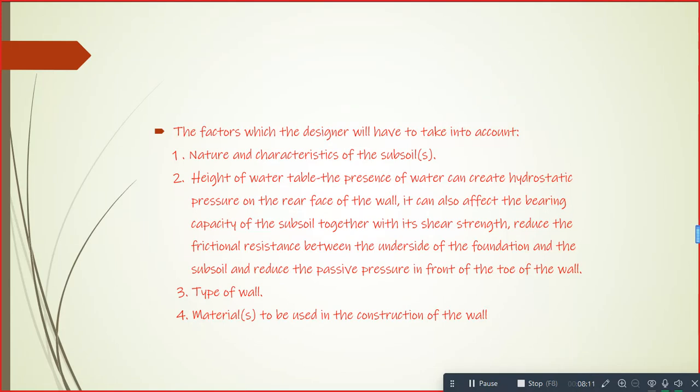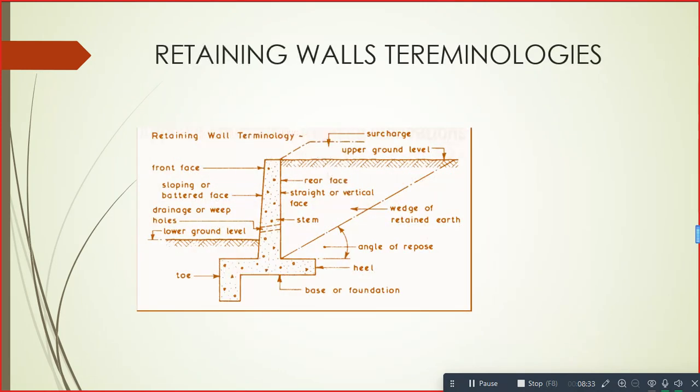We have the height of the water table, and I believe all of you, when we talk of the water table, remember the hydrostatic pressure, which can affect the bearing capacity of the subsoil. Then we have the type of wall itself; we have to consider which type of wall we are constructing. Then we have the materials that will be used in the construction of the wall.